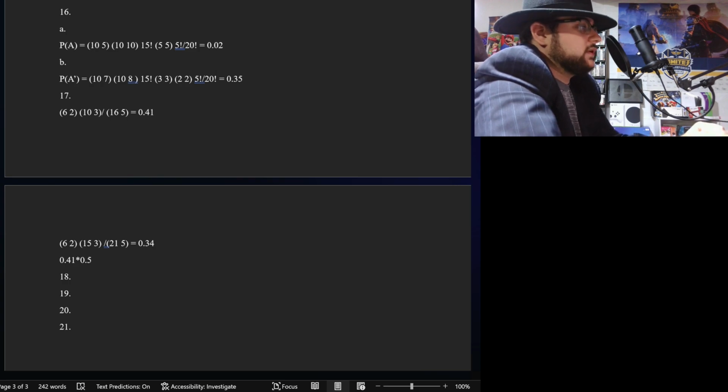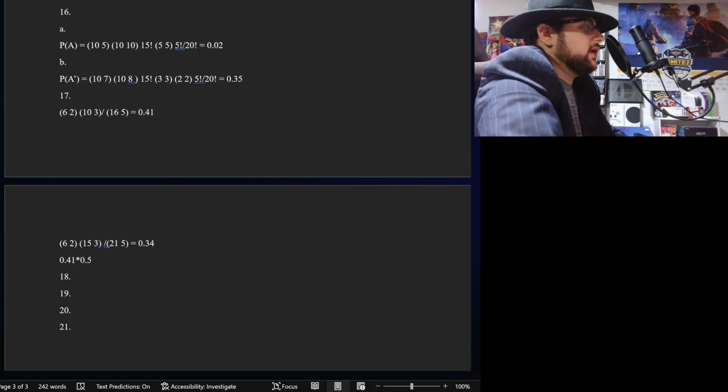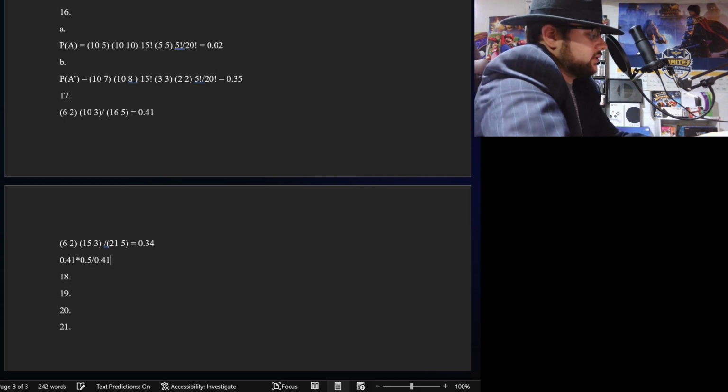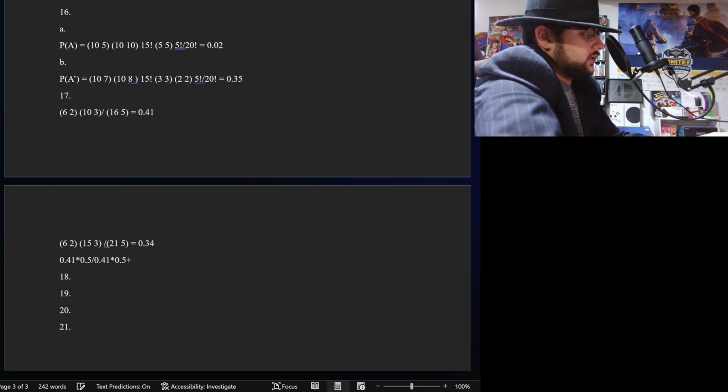then 0.5. Now, where did 0.5 come from, you may ask? Well, you have 2 red marbles out of 5 marbles, and you want to put that all over. That's the top of a fraction. This is the bottom of a fraction. 0.5 plus 0.34. There are our numbers again that we saved.